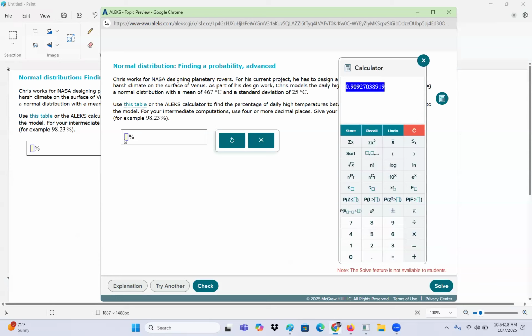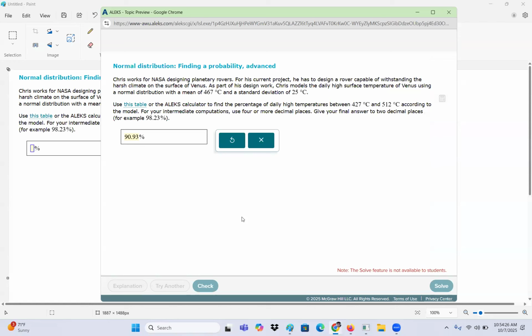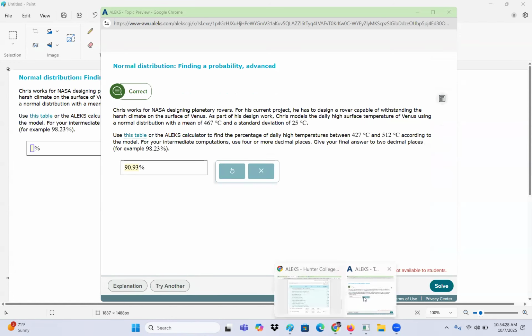So we get 0.9092, which is 90.93%. Yeah, it should be straightforward.